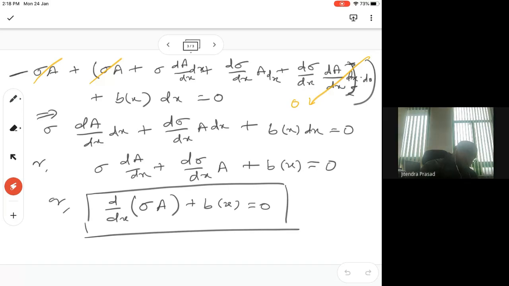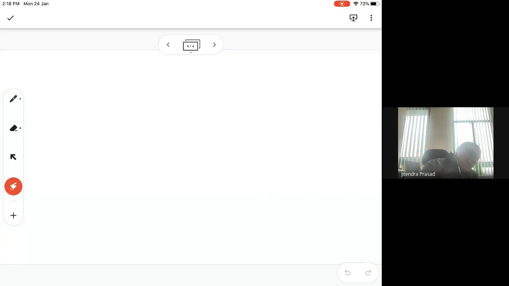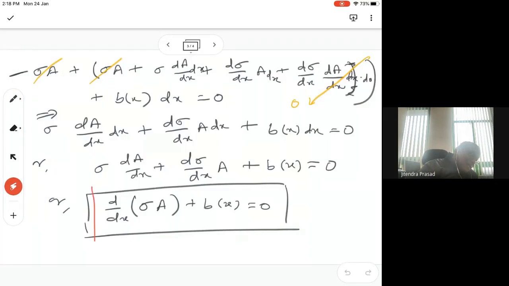So we have to convert this sigma into some function of displacement, and how do we do that? What we got so far is based on Newton's law. We make the total force equal to 0 because it is a static equilibrium.